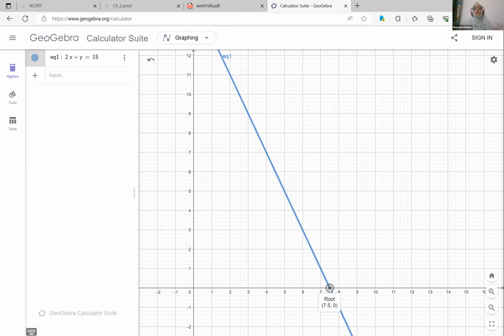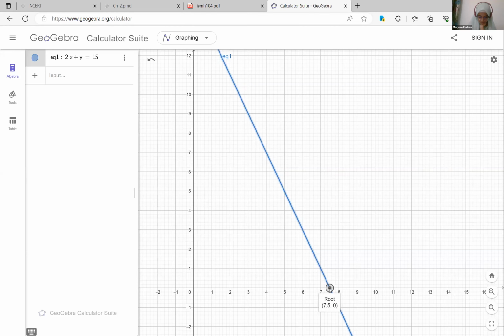Ma'am, I also have a way to answer it. Okay, so we can make x into 5. So x is 5. So that means 2 multiplied by 5 equals 10.